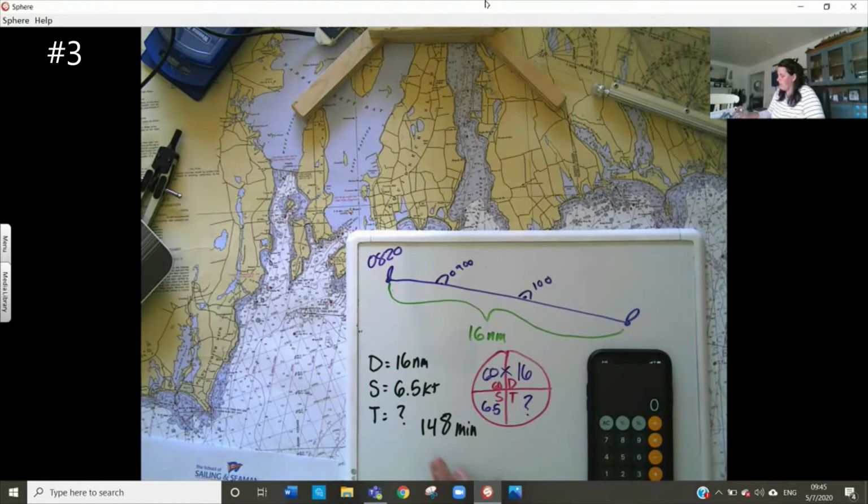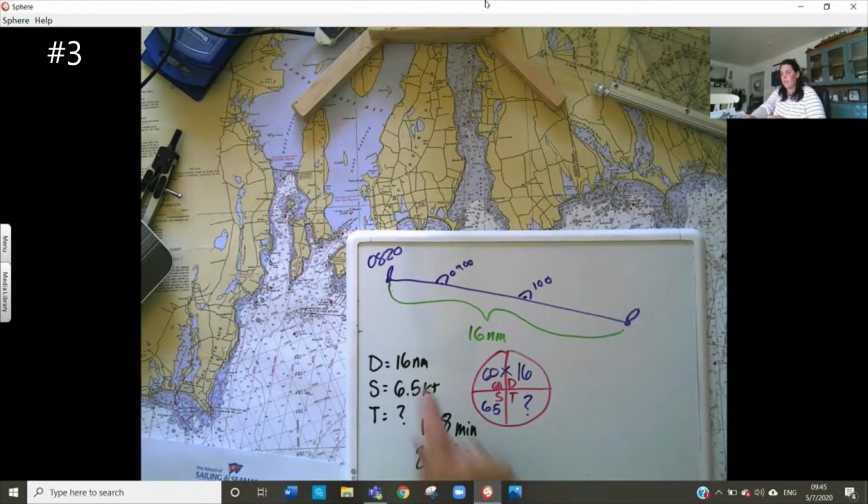So then I need to make my 148 into hours and minutes, because that's a hard number to work with. So we have 148 minus 60 gives us 2 hours and 28 minutes. So if we left here at 8:20, what is our ETA to Buzzard's Light?